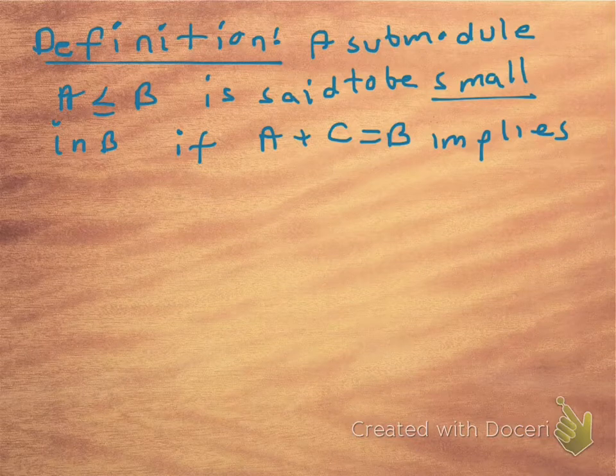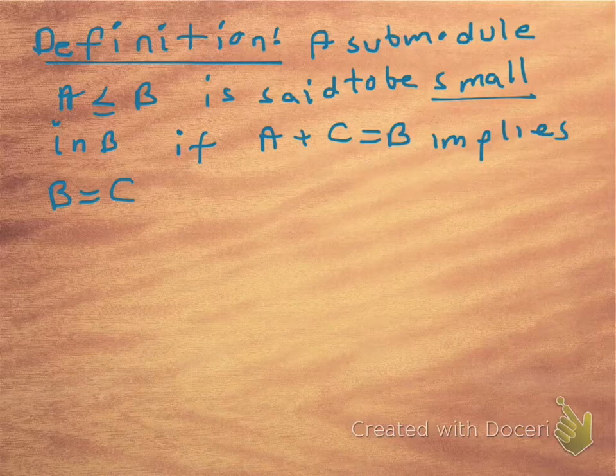Take a module B and a submodule A. Then A is said to be small in B if the sum of no proper submodule with A is equal to B. That means, whenever A plus C is B for a submodule C of B, then this implies B is equal to C. I think this is a very aptly given name to such a submodule as A. It is so small that it never complements anyone to the full module B.